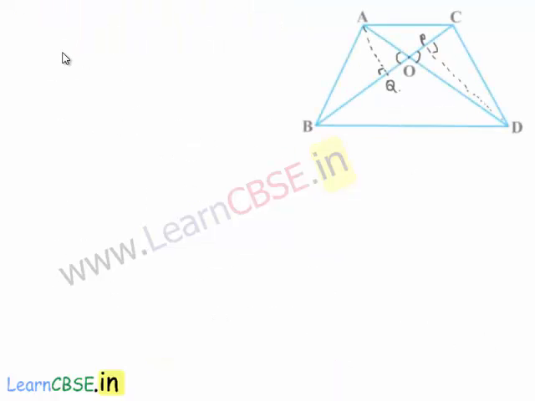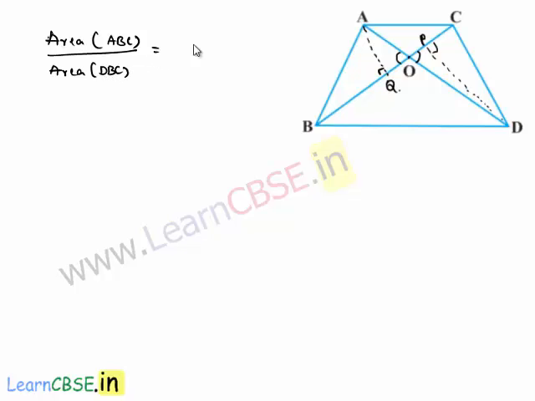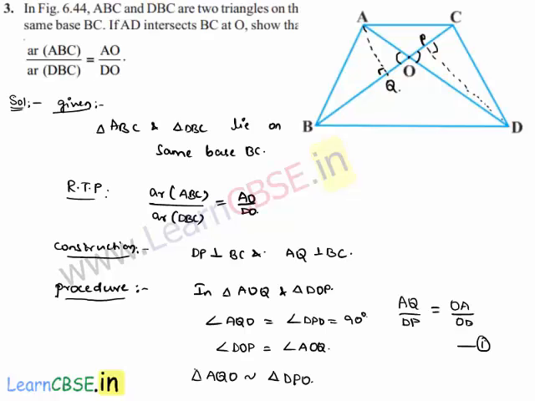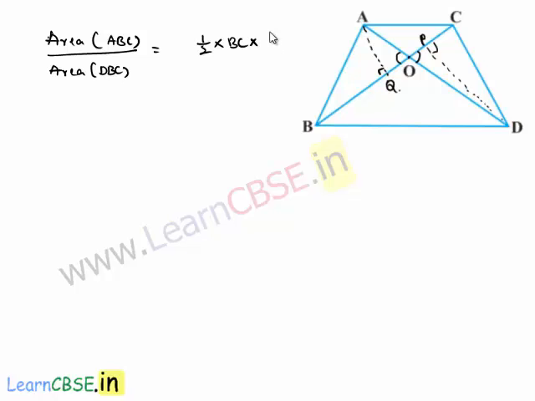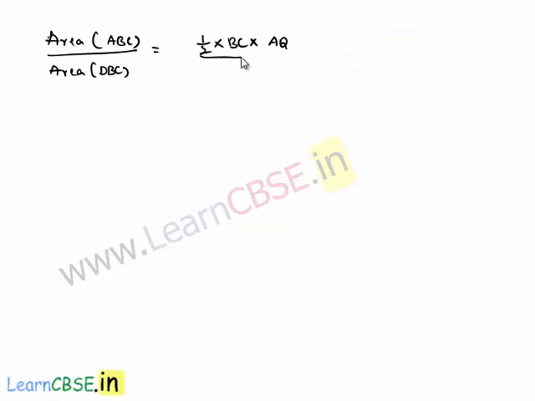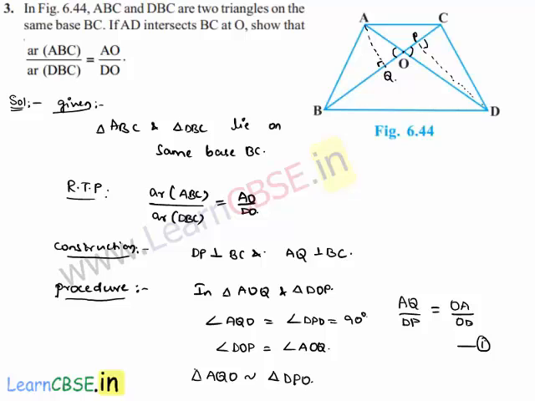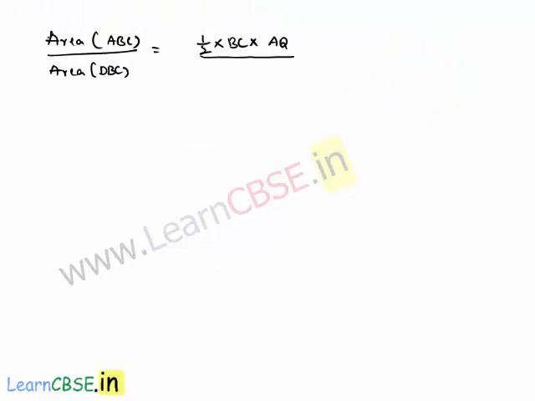Now, if we consider area of triangle ABC by area of triangle DBC, this will be equal to half times base BC into height, which is AQ here, divided by area of triangle DBC, which is half times base BC and height DP.